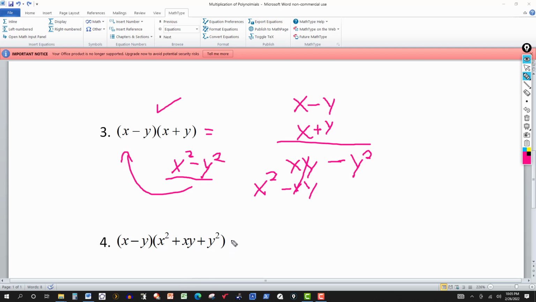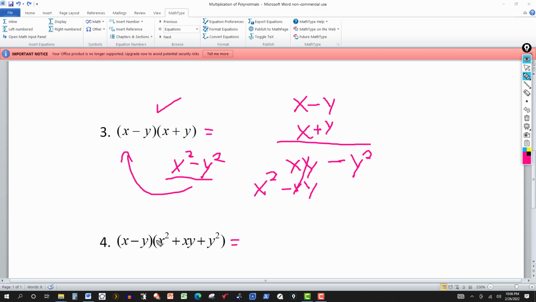Okay, this one, again, you could do it the same way. I could, if I use the distributive property, the x minus y will multiply the x squared, will multiply the xy, will multiply the y squared. You could do it that way, just like the one I did earlier. Or you can go the other way and say, okay, I'm going to multiply each of these by x. So let's do that first. X times x squared, x times xy, x times y squared. So let's do it that way. So it's like multiplying a monomial into a polynomial.